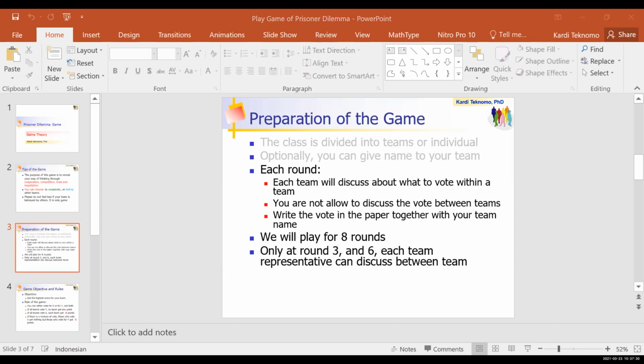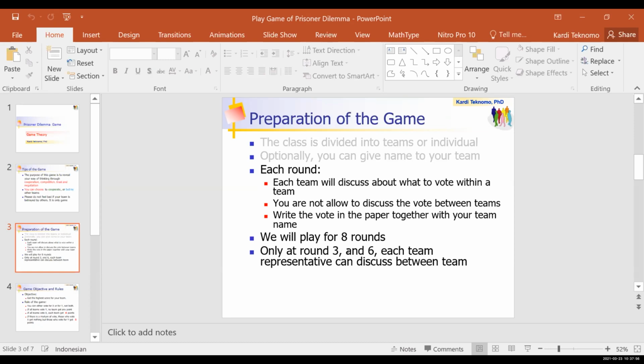I will delete this Excel and create a new Excel here. In each round, you will discuss within your team. In this case, you are individual, so you think about it yourself, about what vote.